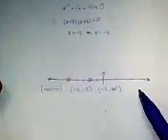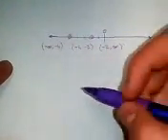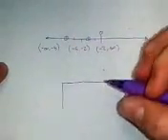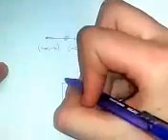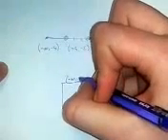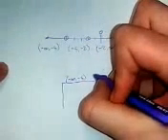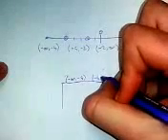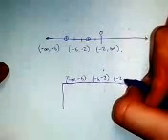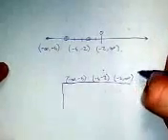Now once we have these, we're going to put them into a chart right here, and we're going to write these across the top. So this is going to be negative infinity, negative 5, negative 5, negative 2, and negative 2, infinity.